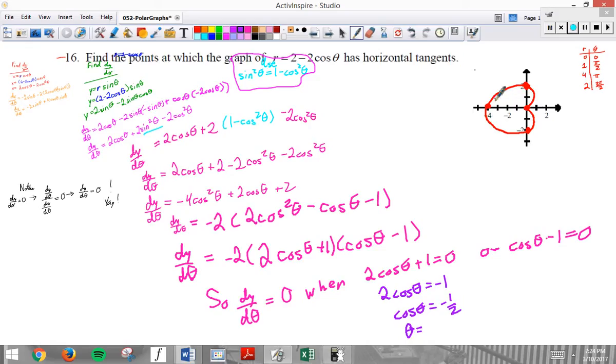Perhaps you're thinking you want some pi over 3 angles. You should be able to do that in your head. What do we got over here? We have 2 pi over 3 and 4 pi over 3. I'm trying to give you guys think time. If you need time to think about this, pause the video.